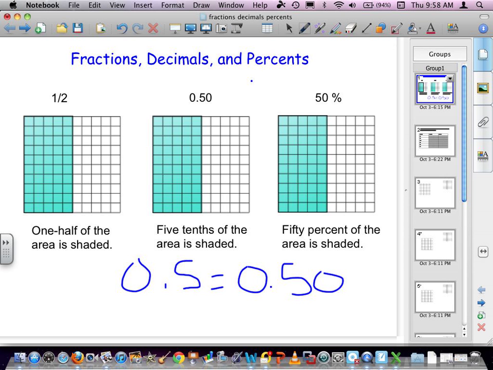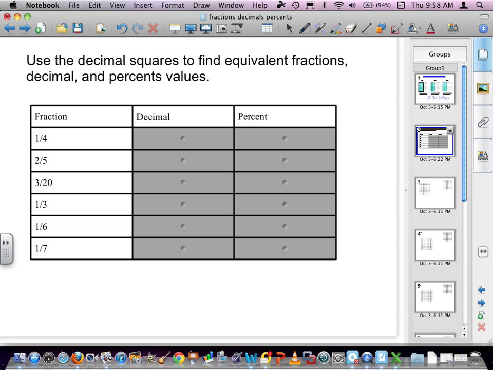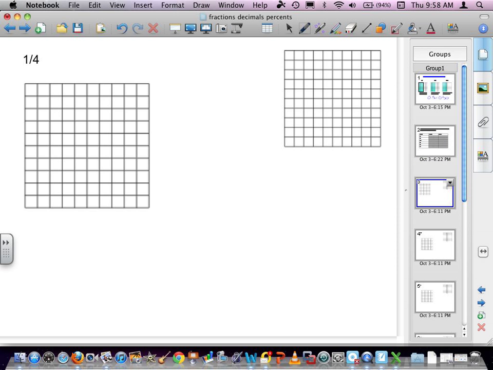So what we want to do is think about what other fractions would be as decimals. How might I show 1/4 of this square? I might show half of a half. So split it in half. Whoops, split it in half, split it in half again. My lines are pretty bad.